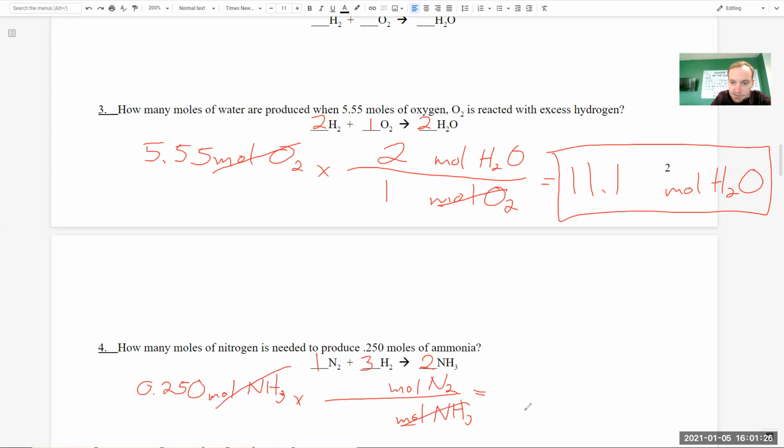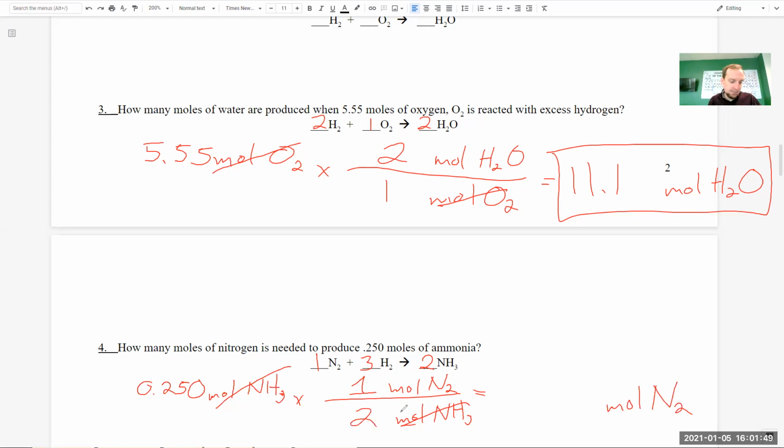Moles of ammonia will cancel, and I'm going to be left with, again, moles of nitrogen. All right, now I have moles on top of moles, so I'm going to use my balanced chemical equation on the bottom, or I'm going to do the top first. Again, it doesn't really matter, right? Moles of N2, there it is. There's the 1. I'm going to put a 1 right there. Moles of NH3, there's NH3 there. It's a 2, so there we go.